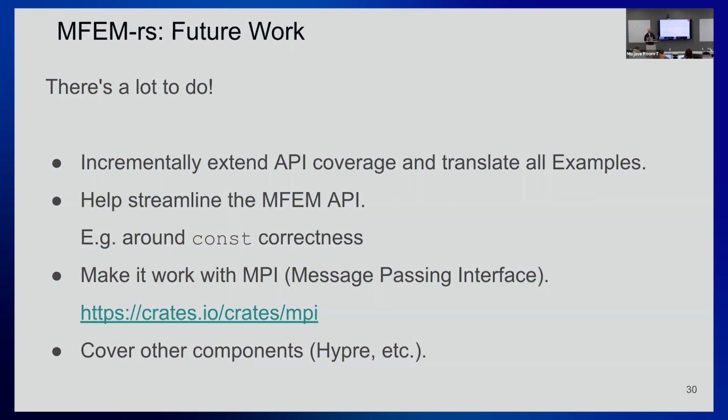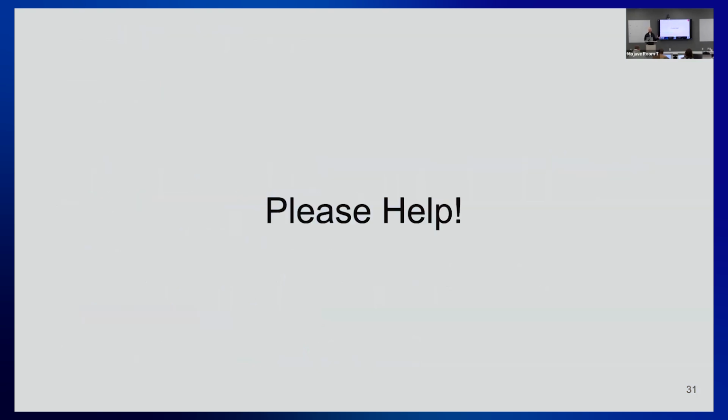It's kind of tricky how to make that work with Rust. There are some examples. So I hope, and then obviously cover other components like Hypre that are exposed on the MFEM API. Please help.